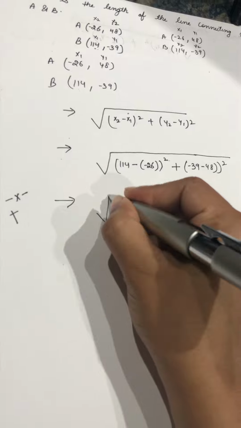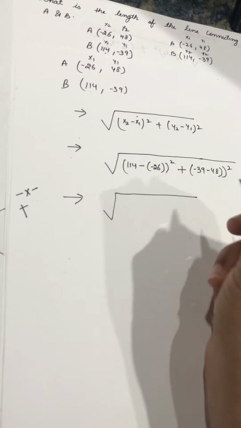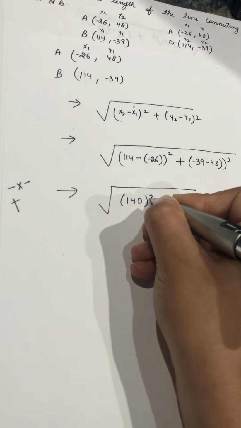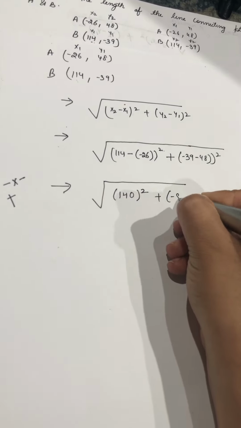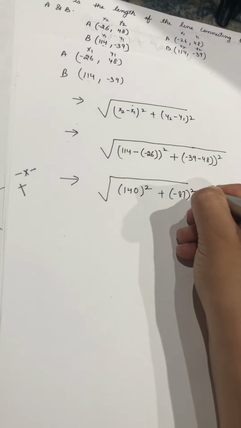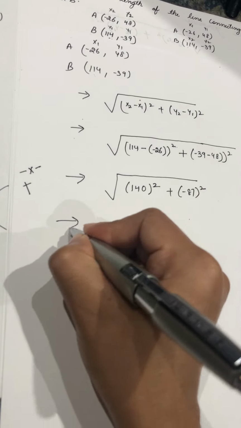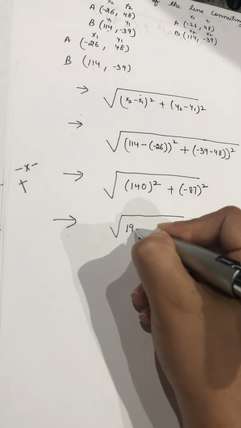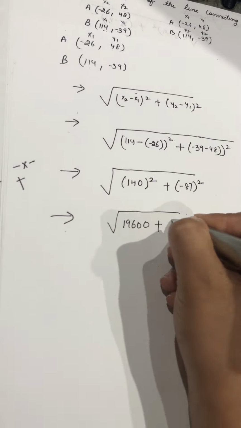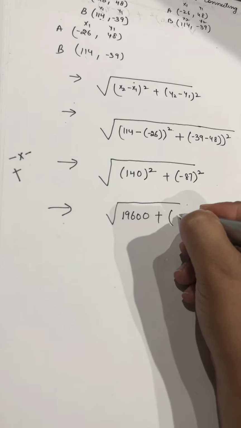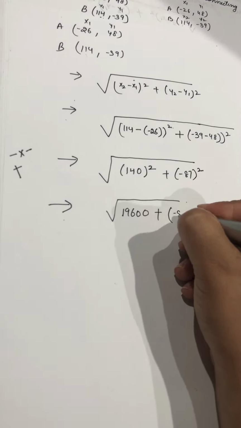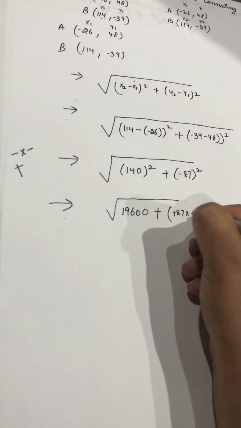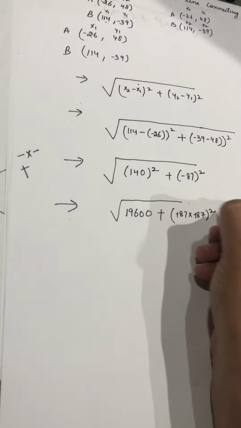So here comes 140 whole square plus negative 87 whole square, and again this is going to be the same: 19600 plus negative 87 into negative 87, which is going to cancel, and then whole square.